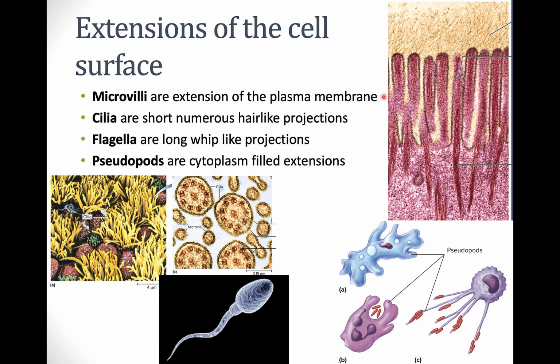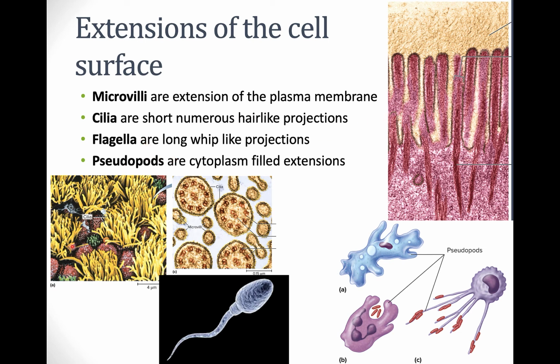What this does is it makes the plasma membrane really big, and it increases the surface area. Cells that have this are usually for absorbing, like your intestinal lining, where you absorb your nutrients. It has microvilli so that you can absorb more over a relatively short space.